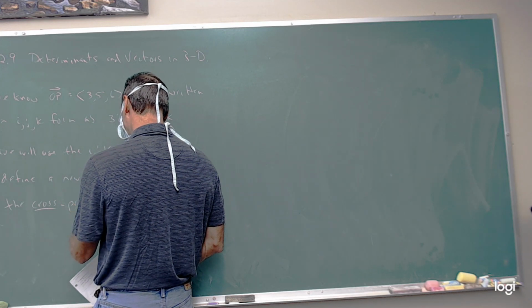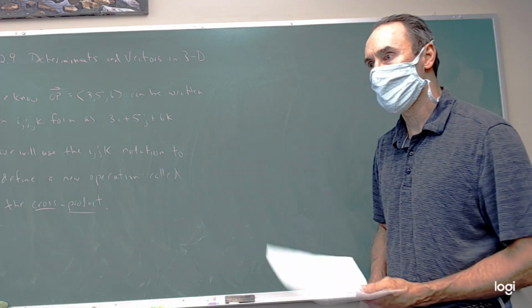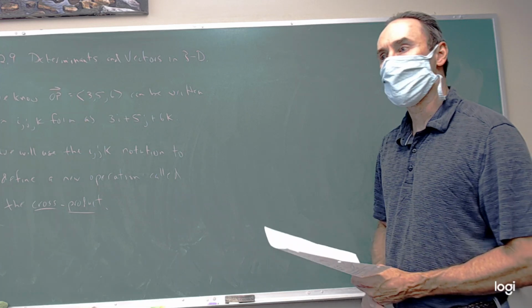It's crazy because it uses this idea of determinants and the IJK notation to create a whole new operation in between two vectors.